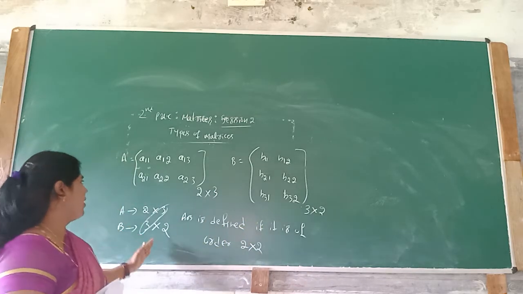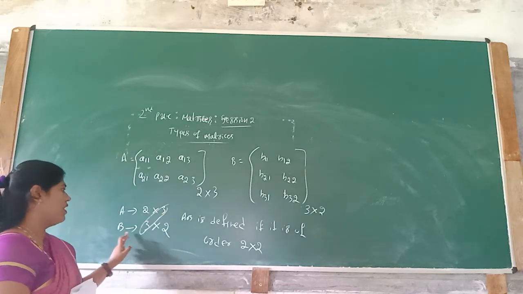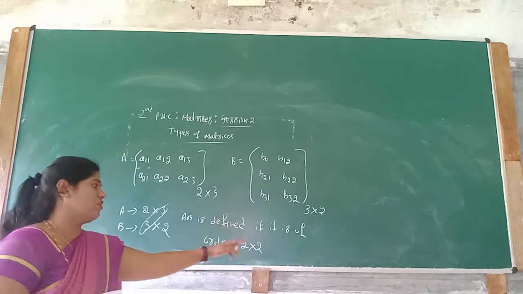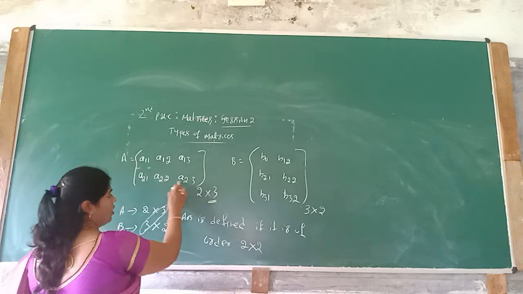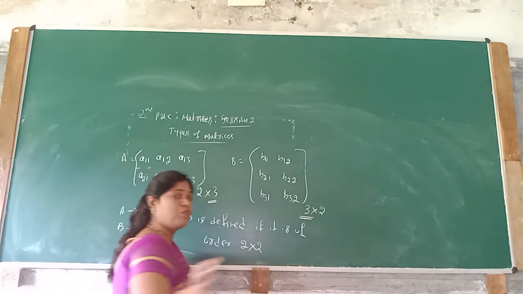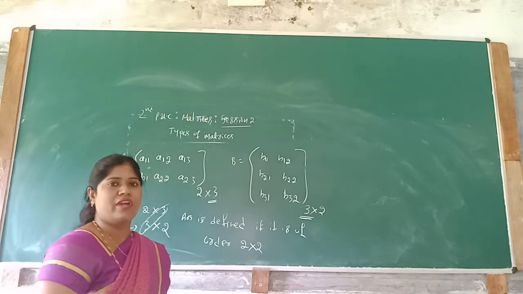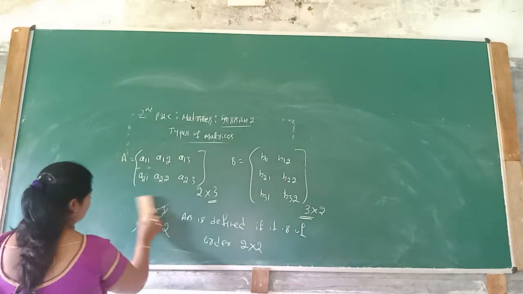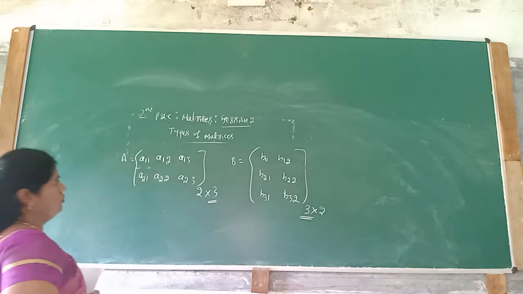So A is of order 2 cross 3 and B is of order 3 cross 2, then AB is defined and is of order 2 cross 2. The number of columns of A is equal to the number of rows of B. Then only AB is defined. Okay, so matrix multiplication. What is the first row here?